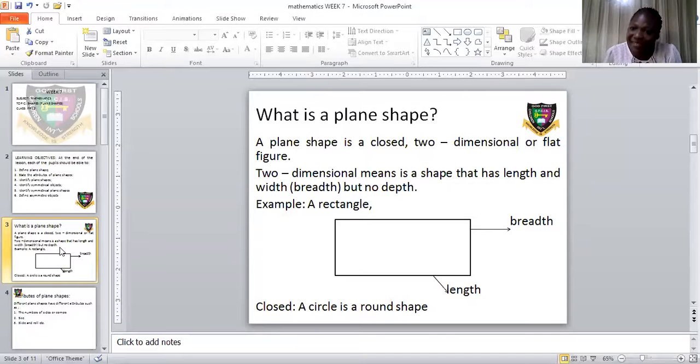If it has depth, then it is three-dimensional. But we are looking at plane shapes, that is, two-dimensional or flat figures. A plane shape is a closed, two-dimensional or flat figure.